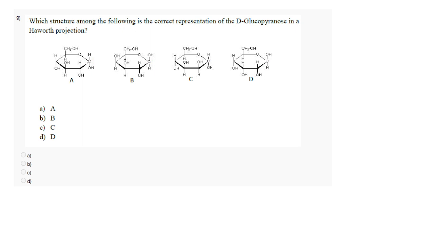Next question: which structure among the following is the correct representation of D-glucopyranose in a Haworth projection? Which one is the correct structure?